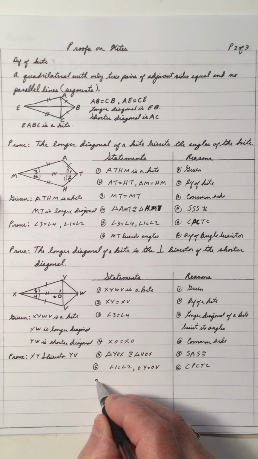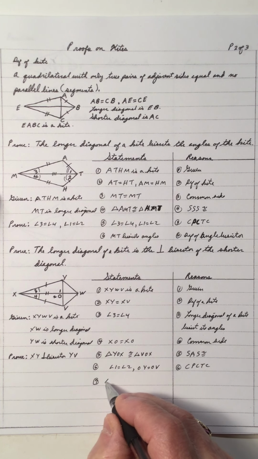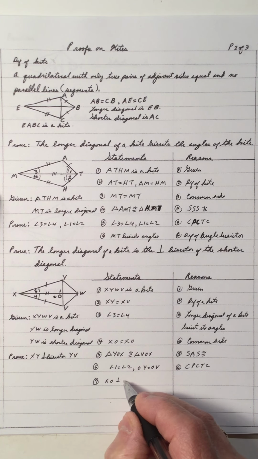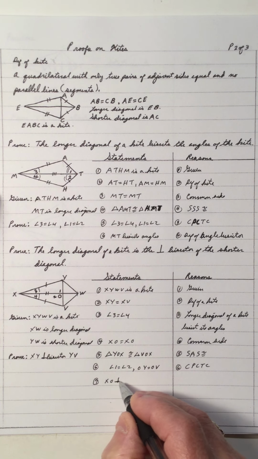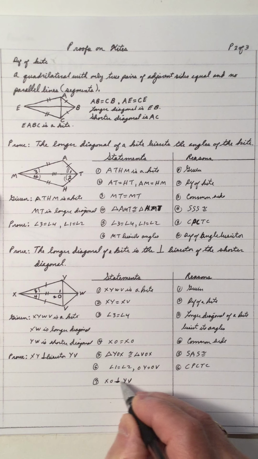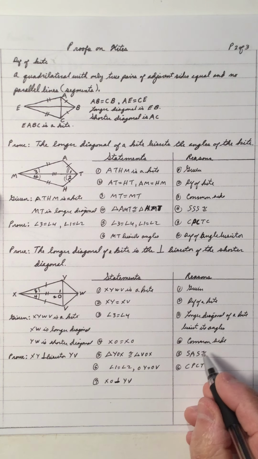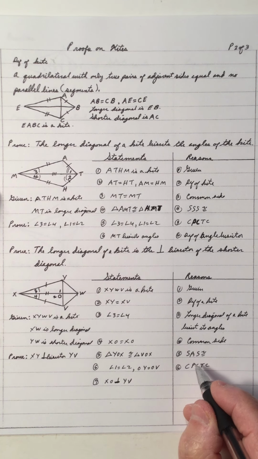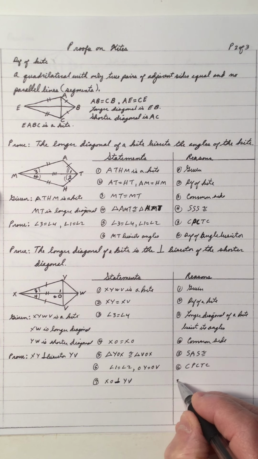and that means that XO is perpendicular to YV, which is the shorter diagonal. The reason: if two lines meet to form congruent adjacent angles, then they're perpendicular.